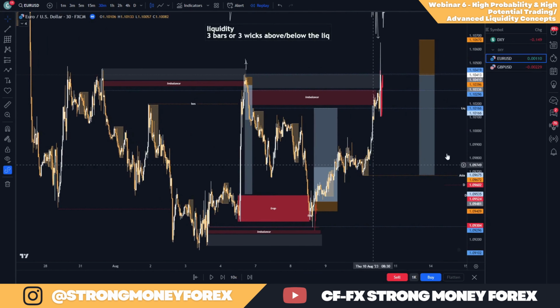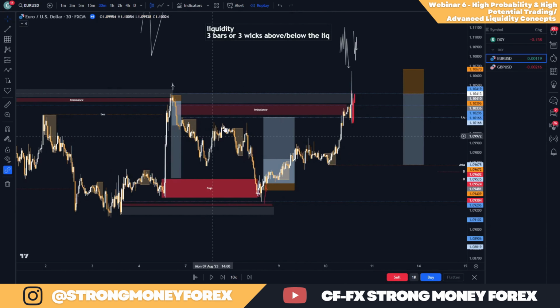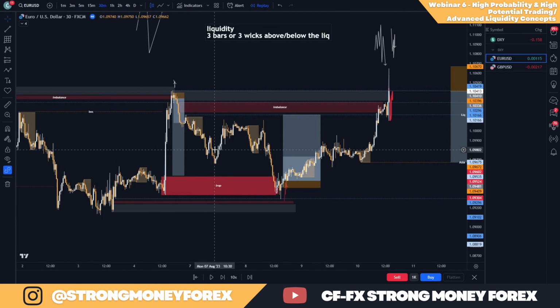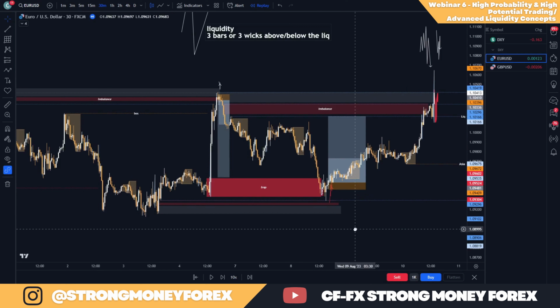So we're talking about the levels I'd be looking at for potential reversals, like New York open, New York close, Asian or London levels? How can we get high probability trades from the levels, the New York lows and highs, the Asian lows and highs?